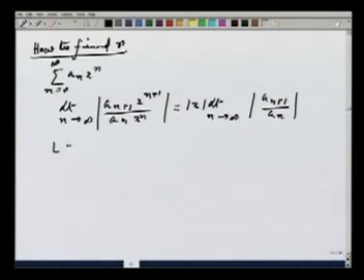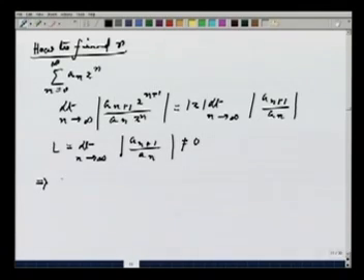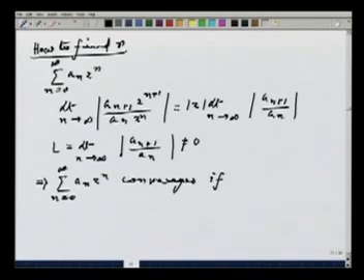Anyway, let us say suppose all the a n's are non-zero, then I look at this limit, and let us say L is this limit. L is limit n going to infinity, modulus of a n plus 1 divided by a n. Assume that this is non-zero, then this implies that summation n from 0 to infinity a n x to the power n converges if L times mod x is strictly less than 1.